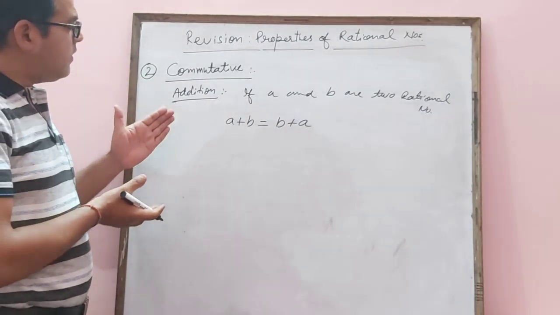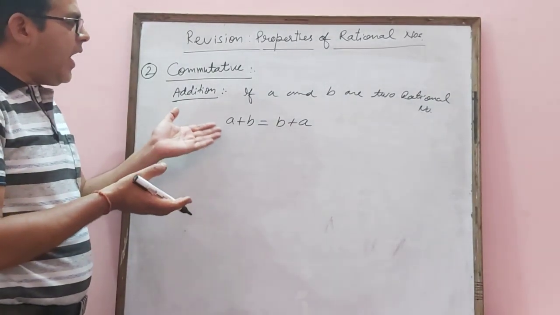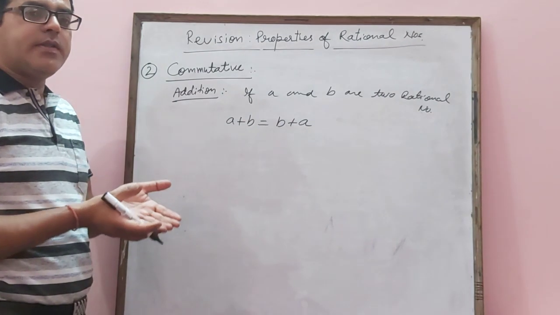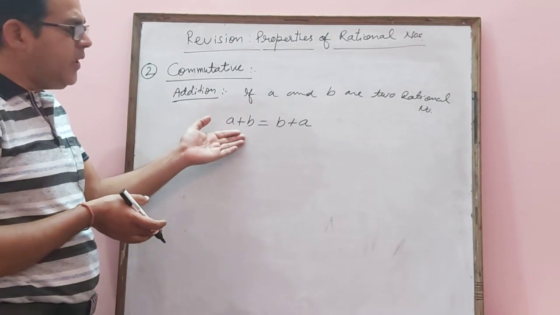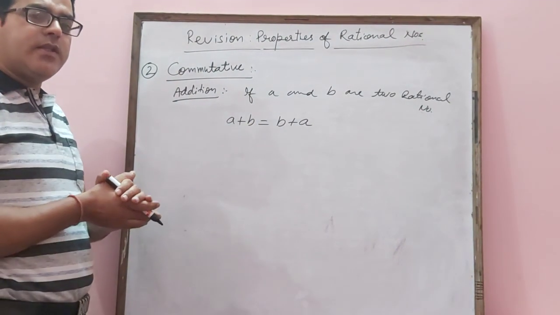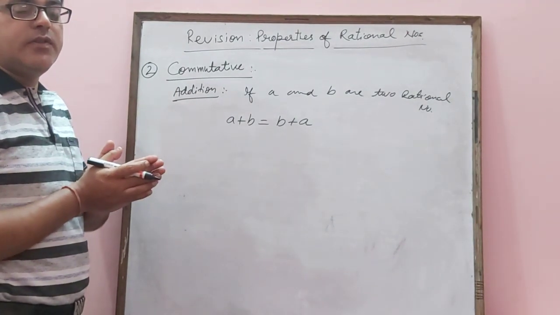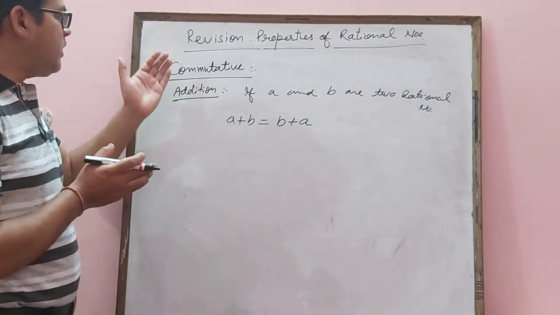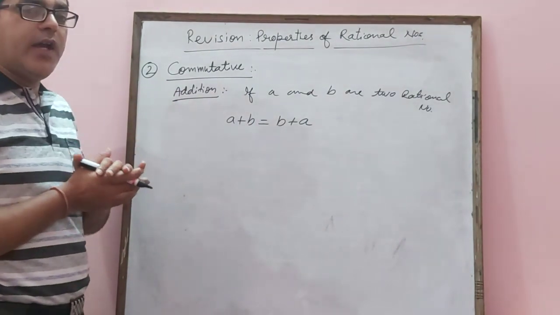It means this property allows us to add two rational numbers in any order. Either we can add A with B or B with A. In both cases, we will get exactly the same result. This is called the commutative property of rational numbers for addition.